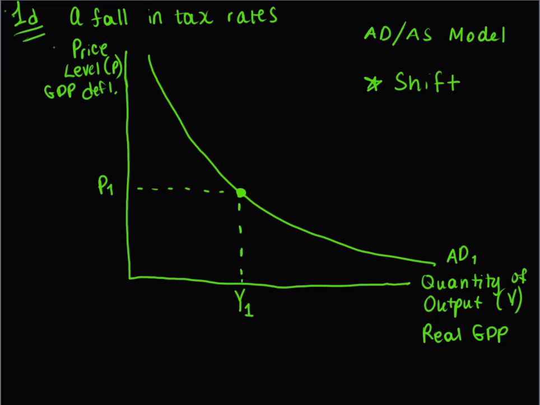If, however, these tax rates were applied to, say, the middle class or those earning below a middle class threshold, then I think we would be more likely to see an increase in demand because people who are making less are more likely to take the money that they would earn from a fall in the tax rate and go and spend it in the economy.